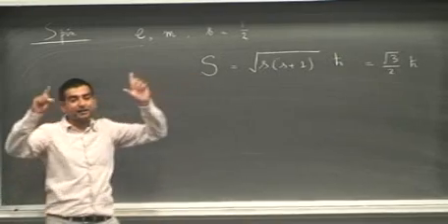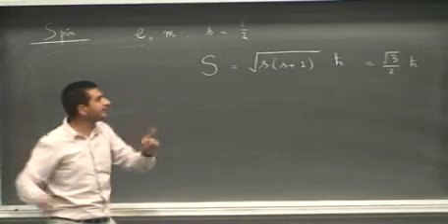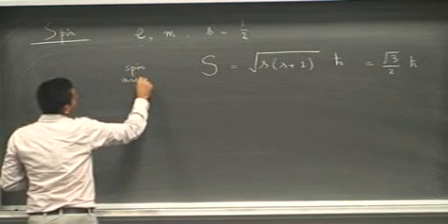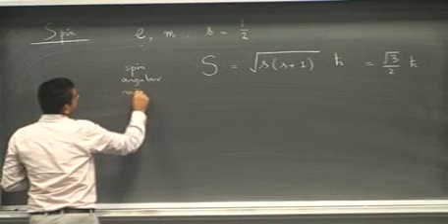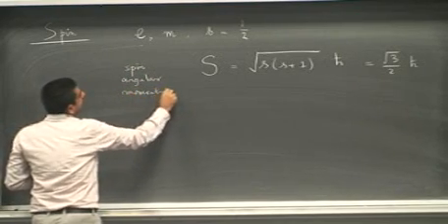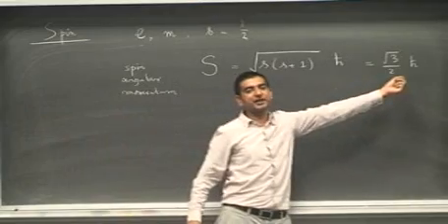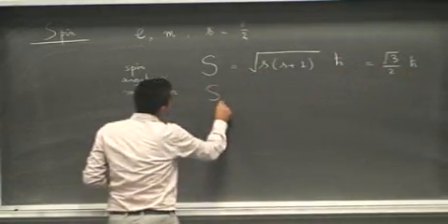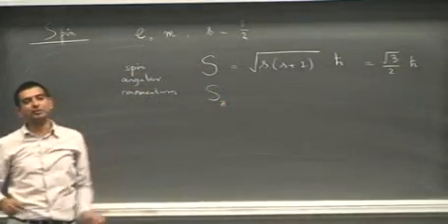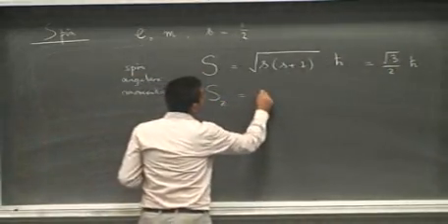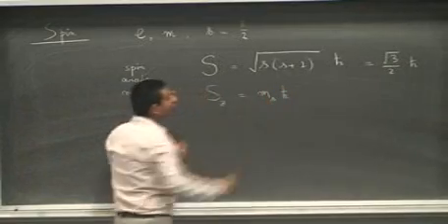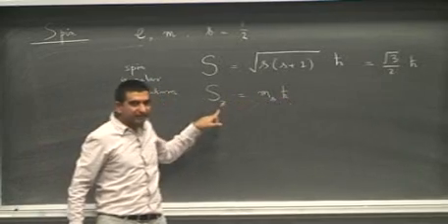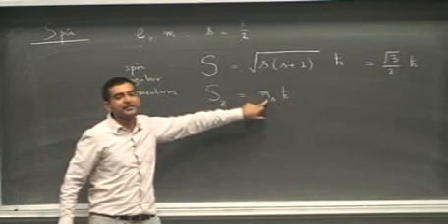So this spin angular momentum can only have a fixed magnitude, which is square root of 3 by 2 h bar. And the z projection of this spin angular momentum is given by ms h bar, just as the orbital angular momentum had m l h bar.